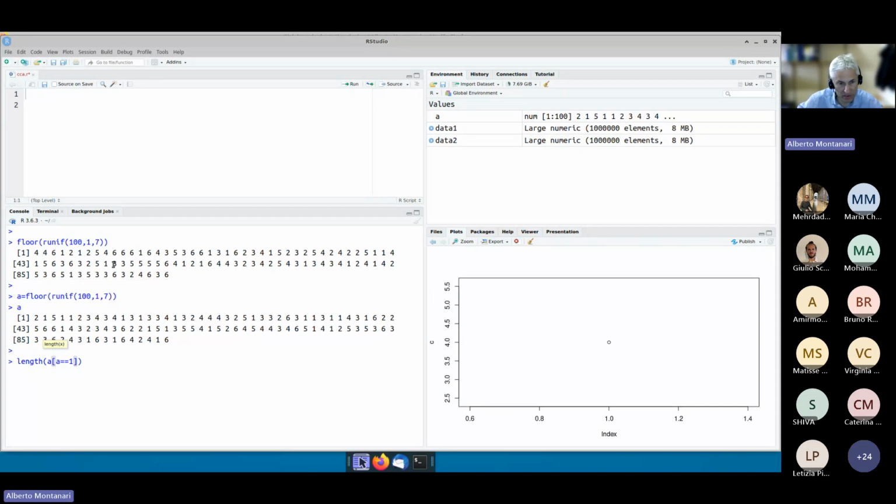In this way, you see the syntax. Okay, the number of ones is 21. What is the frequency? It's the length divided by 100. You may do this. Instead of dividing by 100, divide by length a.